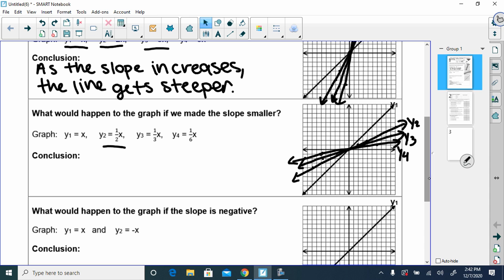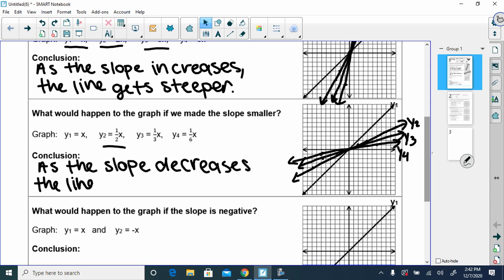So this time we would say as the slope decreases, the line becomes less steep.